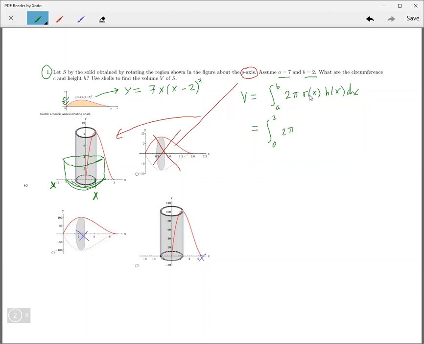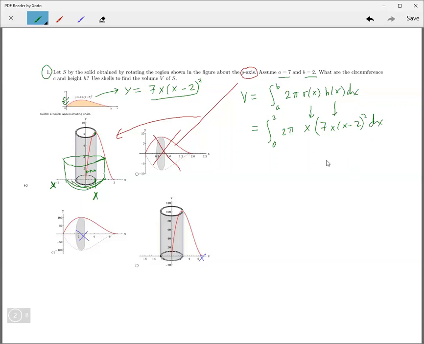Now the radius, that is going to be this distance here from 0 to x. So that's just going to be x. And h of x is the height. The height is going to be whatever the value is on the curve. So it's going to be here. It's going to be this: 7x times (x minus 2) squared is going to be the height.